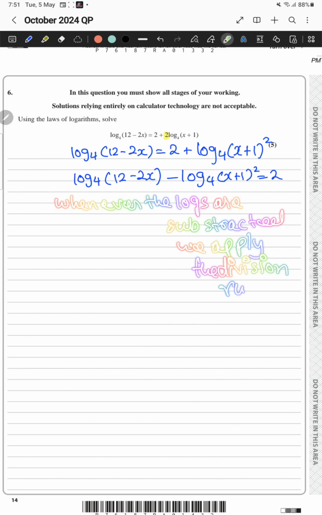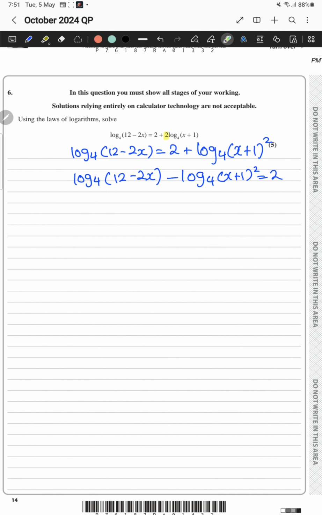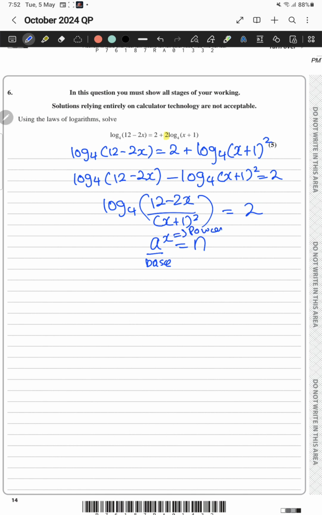So I'm going to write this by applying the division rule, is equal to 2. All right, this is the important step over here. Basically now we have to write this into exponential form. A is the base, x is the power, and this is the answer.